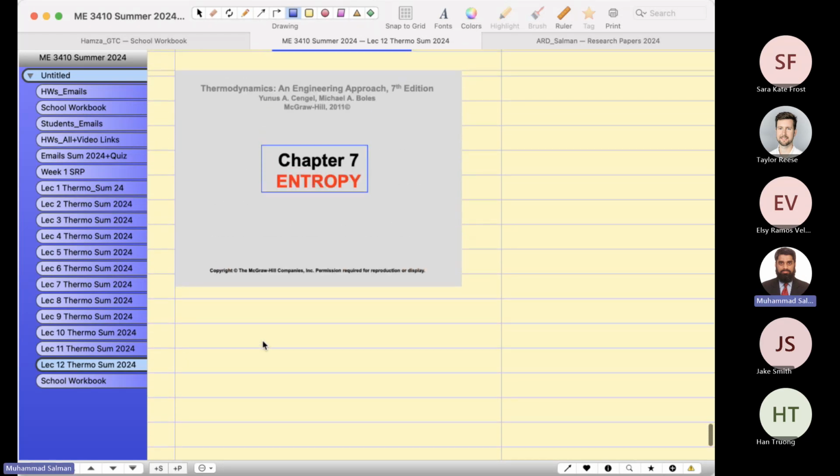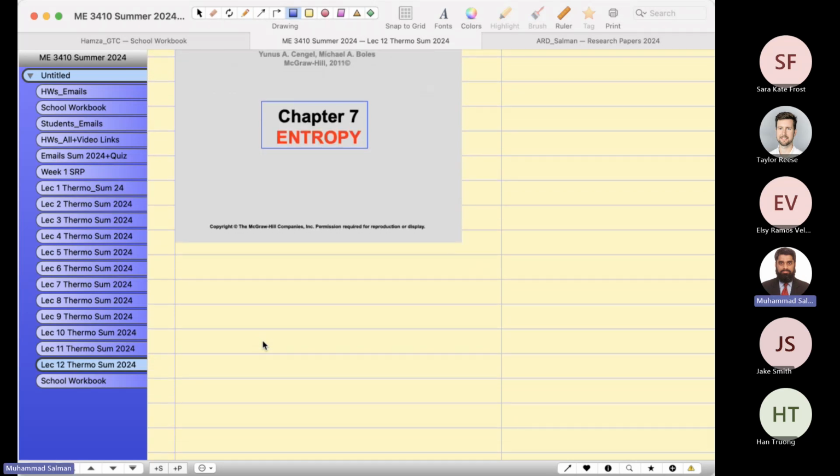Okay, entropy of the system and surrounding, the big picture is that whenever there is a heat transfer, suppose if you have a heat engine or the refrigerator cycle, so when there is a heat transfer here and heat transfer here, then there is an entropy change.